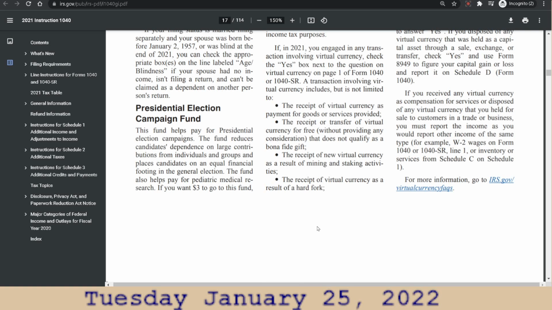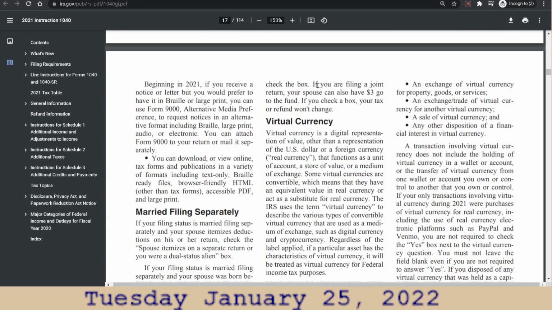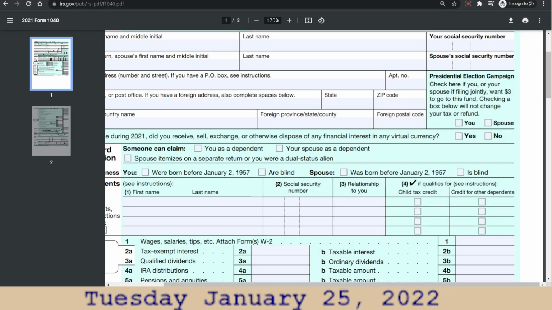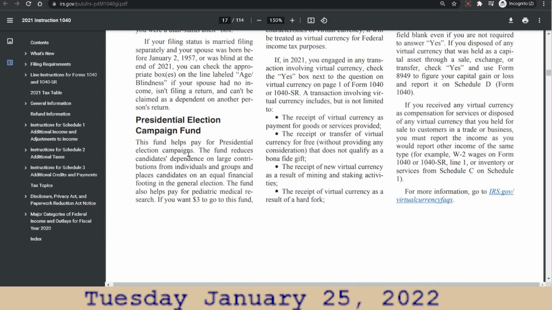How does that have anything to do with presidential campaigns? Oh, I don't know. If you want $3 to go to this fund, check the box. If you are filing a joint return, your spouse can also have $3 go to the fund. If you check a box, your tax or refund will not change. Okay. Where does the money come from? I don't know. But I don't know how one presidential election campaign has anything to do with pediatric medical research.